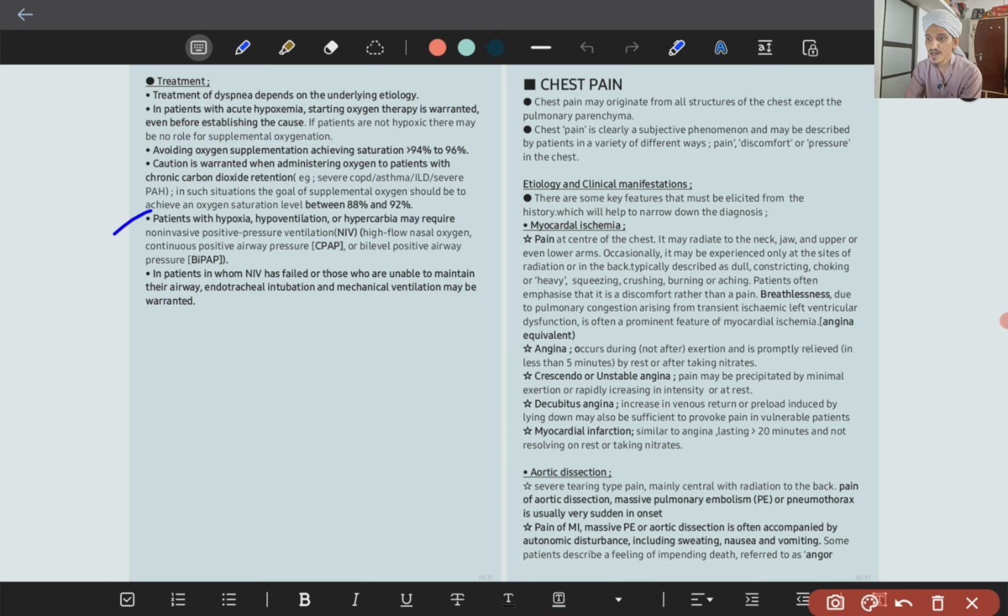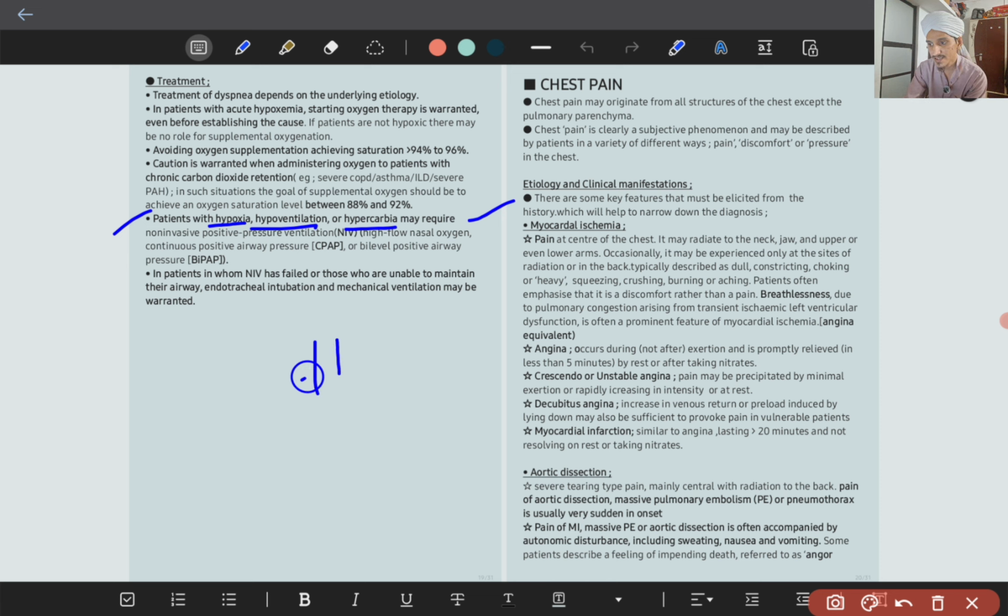Patients with hypoxia, hypoventilation due to any cause, most commonly poisoning, opioid poisoning, or organophosphorus poisoning. Okay. Hypercarbia is type 2 respiratory failure. This is type 1 respiratory failure. May require non-invasive ventilation like CPAP or BiPAP. High flow nasal oxygen. Okay.